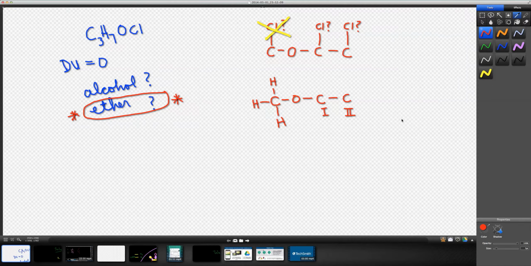And let me tell you what I think is going on here. I think that you're going to have 2 methylene hydrogens bonded to an oxygen and 2 methylene hydrogens bonded to a Cl. They have about the same chemical shift. So you have overlapping peaks, and my prediction is that these coupling constants, if we could actually see them, would not be equivalent. So going back to our possibilities, I think we can choose the chlorine atom is on carbon number 2.